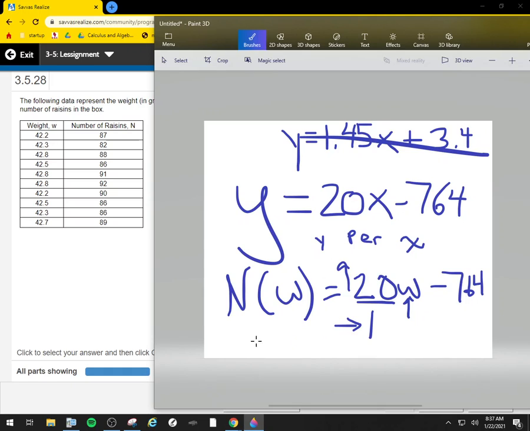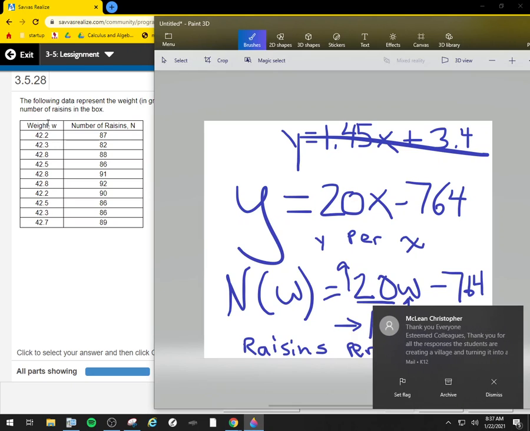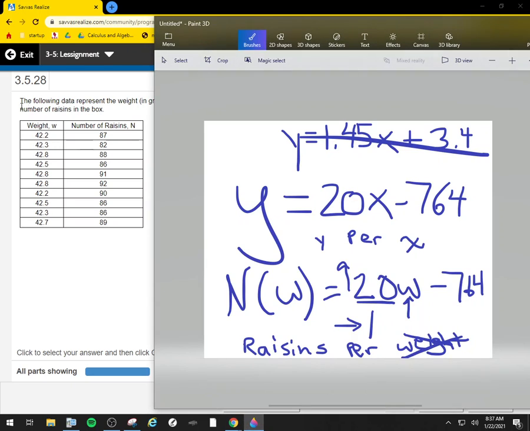So the bad English version of this is raisins per weight. But we wouldn't normally say per weight. We would want to say what the units of that weight is. So that's the bad English. Raisins per, what's one weight change here?